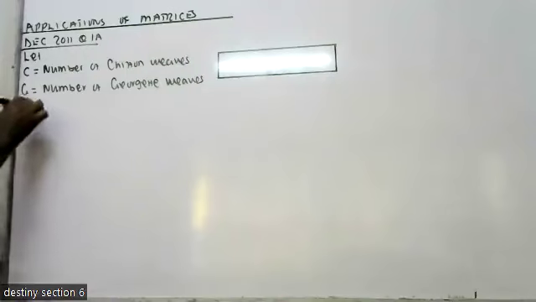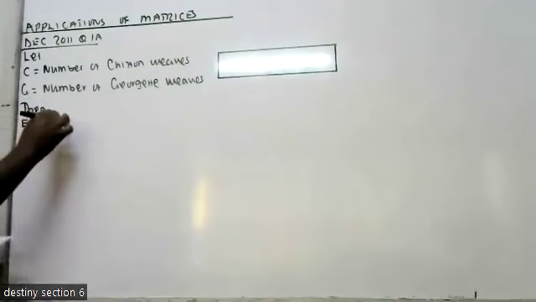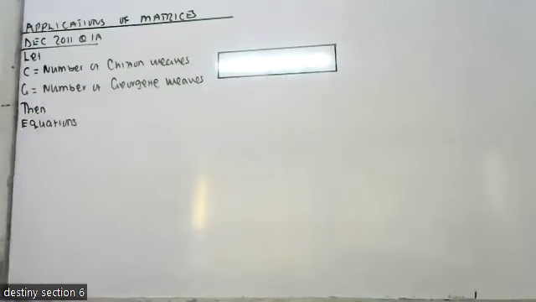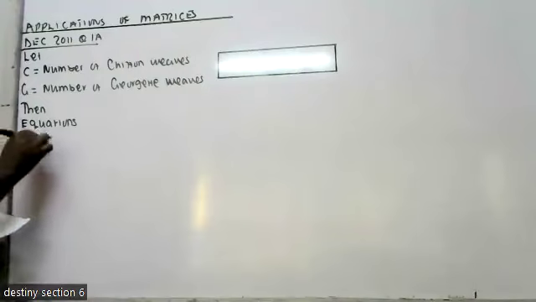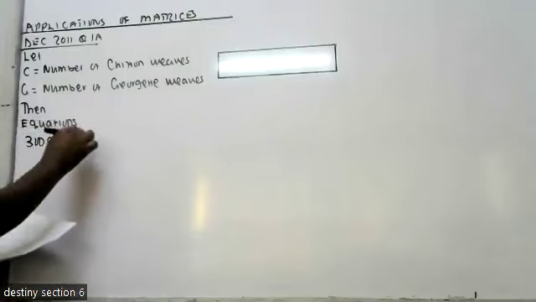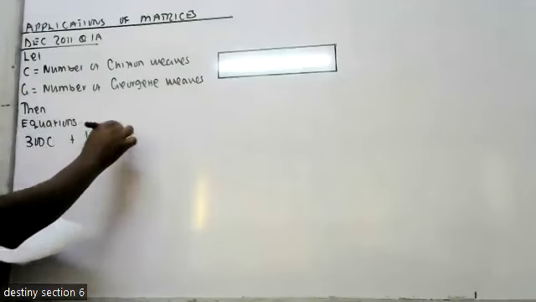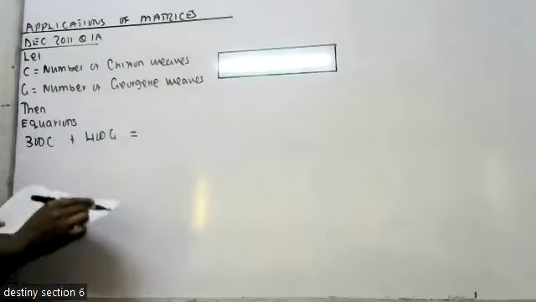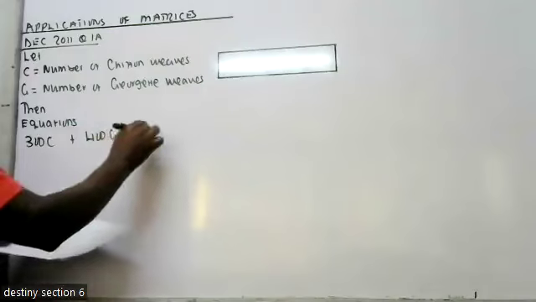Then the equations. We create the equations. The equation that we create, if you look at, Anne sold 300 chiffons, so 300 C. And she sold 400 georgette, so 400 G. And she made total sales of 1 million.